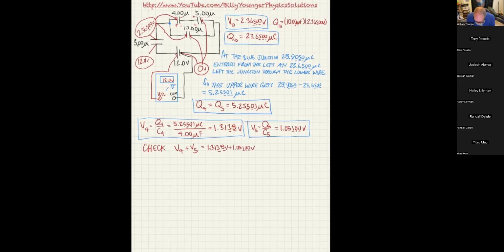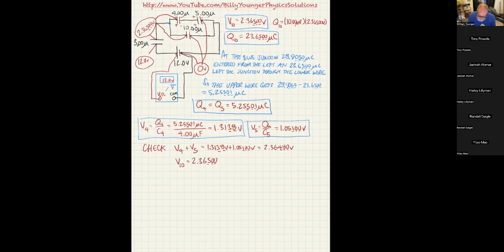And when I add those two, I get 2.36480 volts. What we saw was V10 equaled 2.36500, and those weren't significant.